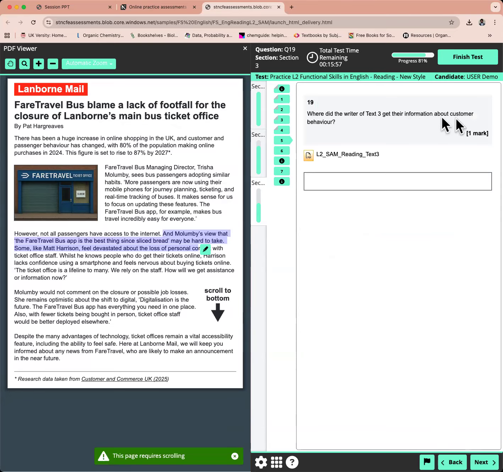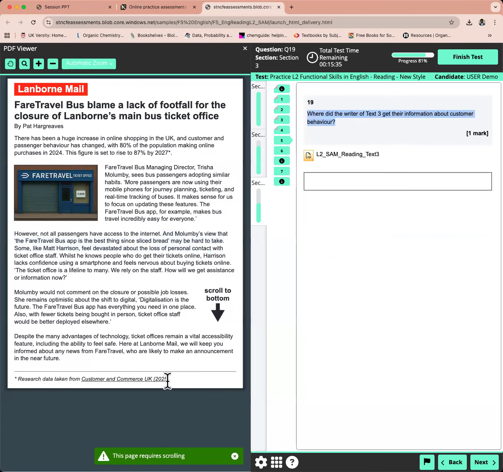So that is what you would need to choose as an answer to this particular question. Now it says information about customer behavior. So where does the writer actually talk about the information about customer behavior? So you would need to actually look at text from this place which would point out something related to customer behavior.